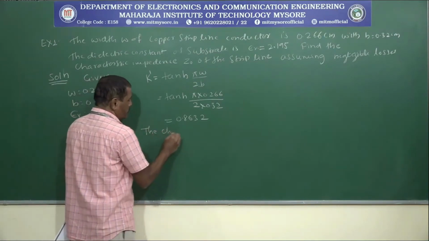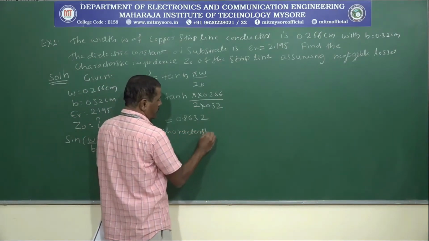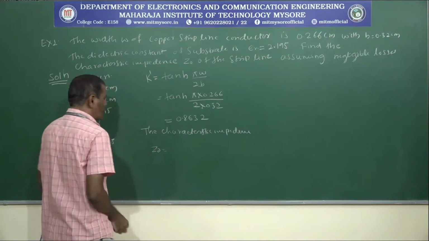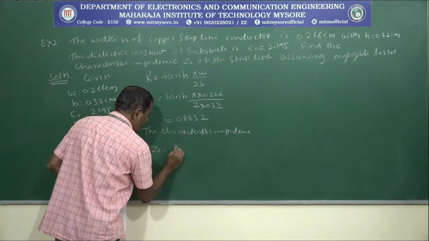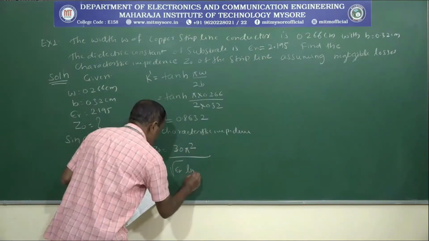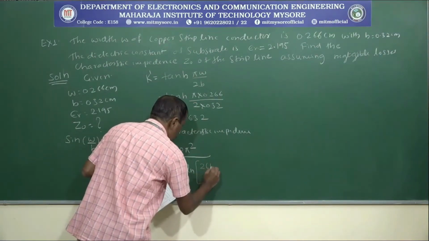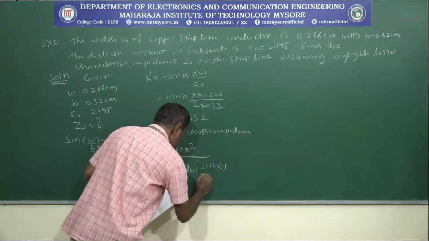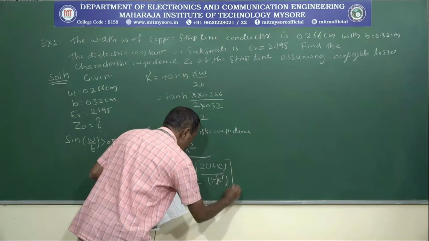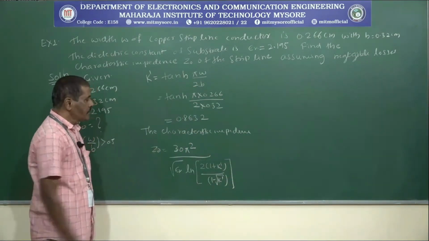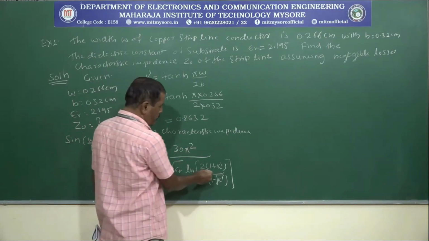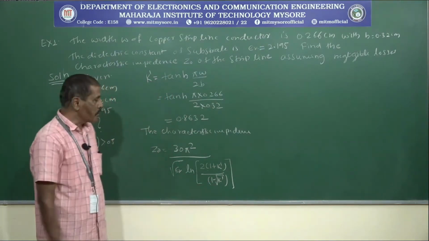The characteristic impedance Z0 is calculated from the equation Z0 equal to 30 pi square divided by root of epsilon r log n of 2 into 1 plus root of K dash divided by 1 minus root of K dash.